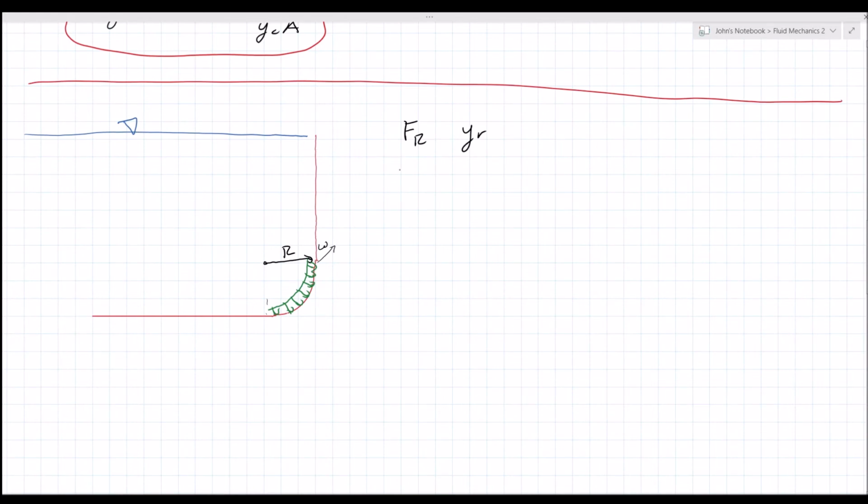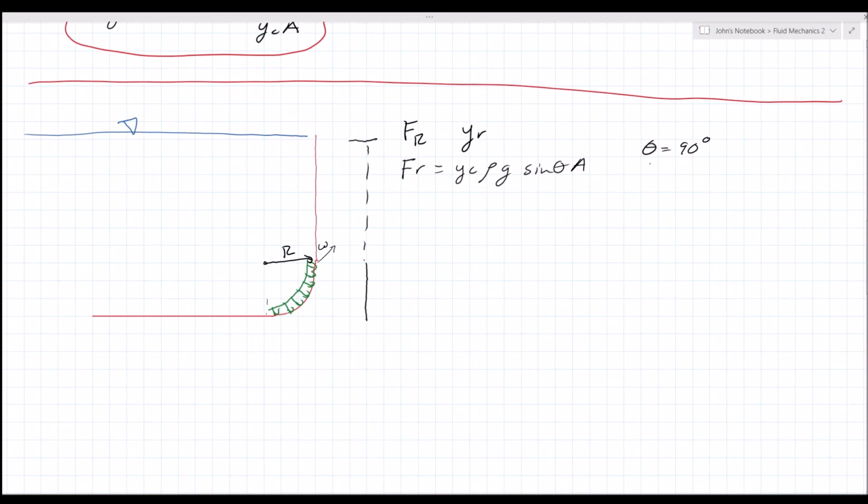So I know my equation is F r equals y c rho g sine theta times area. Well, first things first, I need to find out what is my projection. So, if I'm looking at the projection, it's going to be a flat plane, and if you notice, it is perpendicular to the surface. Therefore, theta is equal to 90 degrees.